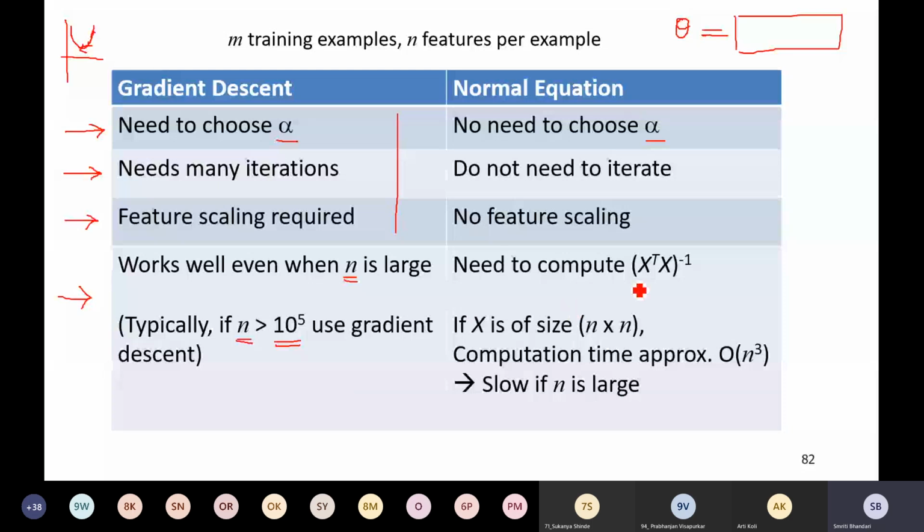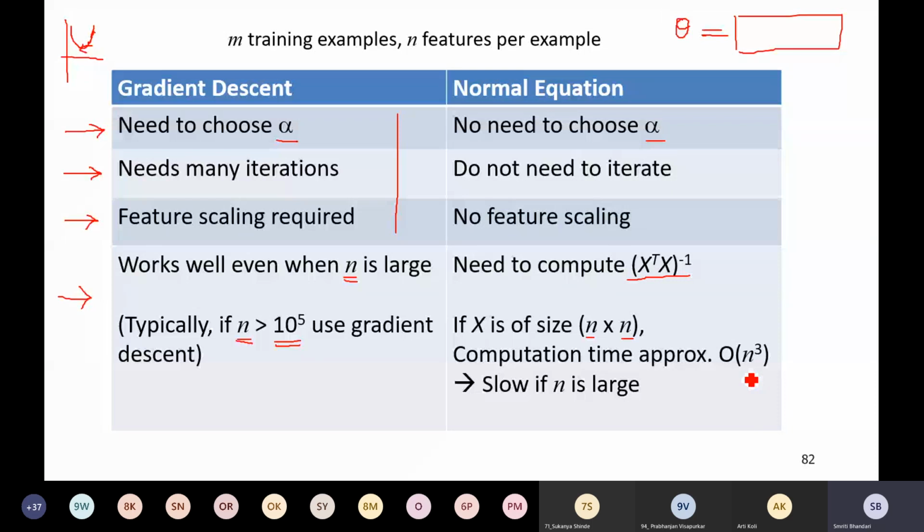If we look at normal equation, it needs to compute the expression (X transpose X) inverse. This requires matrix operations, and if my matrix size is n by n, then matrix multiplication and inverse operations require lots of computations, of the order of n cube.